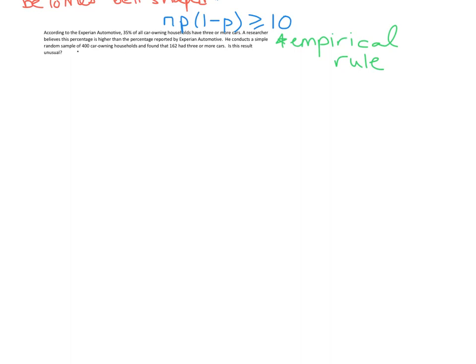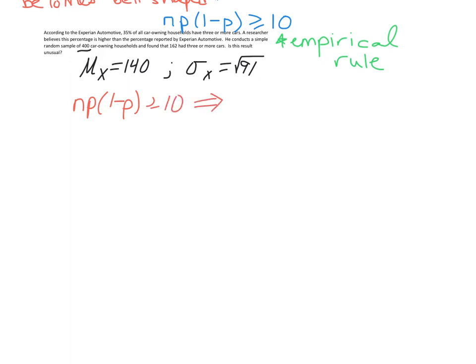Okay, so we already ran this stuff. We know that for 400 households, we just did that on the previous page, mu of x is 140 households. The standard deviation is the square root of 91 households. All right, and then if we verify that np times 1 minus p is greater than or equal to 10, it is. Because this is np times 1 minus p, and 91 is greater than or equal to 10.